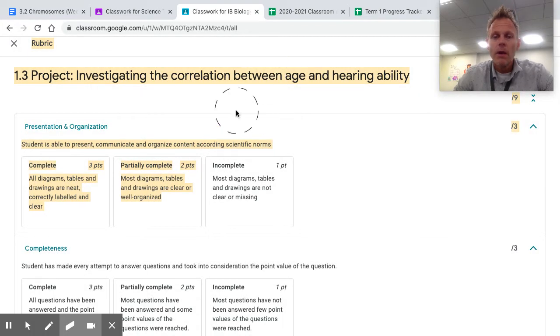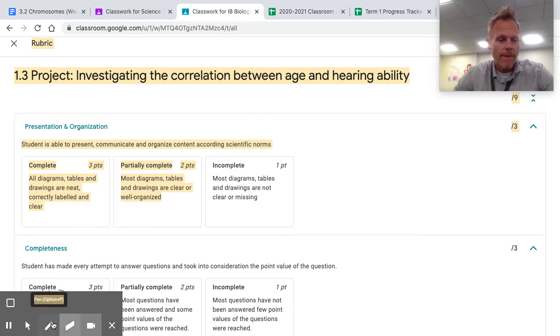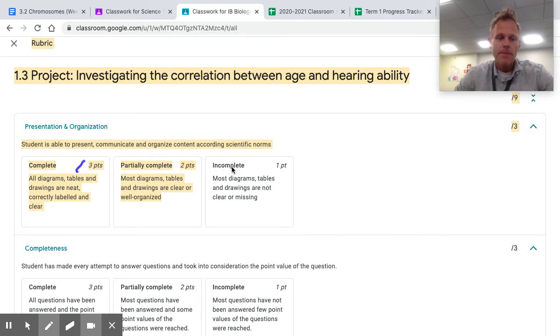There we go. In presentation and organization, there are three levels that you can score: complete, partial, and incomplete. Here I'm looking for your ability to present scientific data or drawings in some way. Let's look at the highest level.